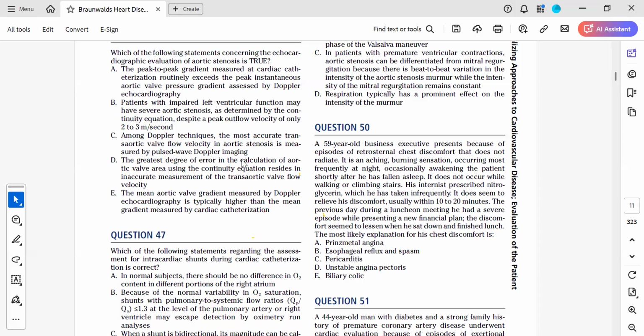Yes, I know why she's asking that question. When you have an ASD, you really need to categorize the patient and calculate the QPQS ratio for the surgeon. The indication for correction of a shunt is that the patient has a significant shunt.